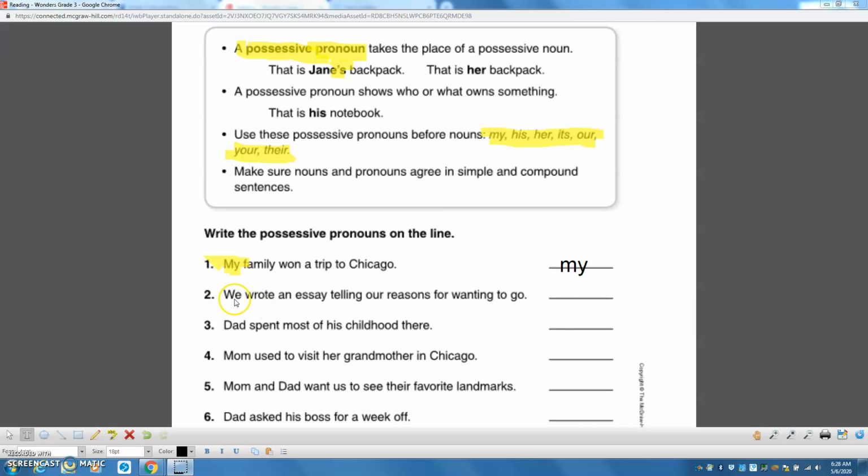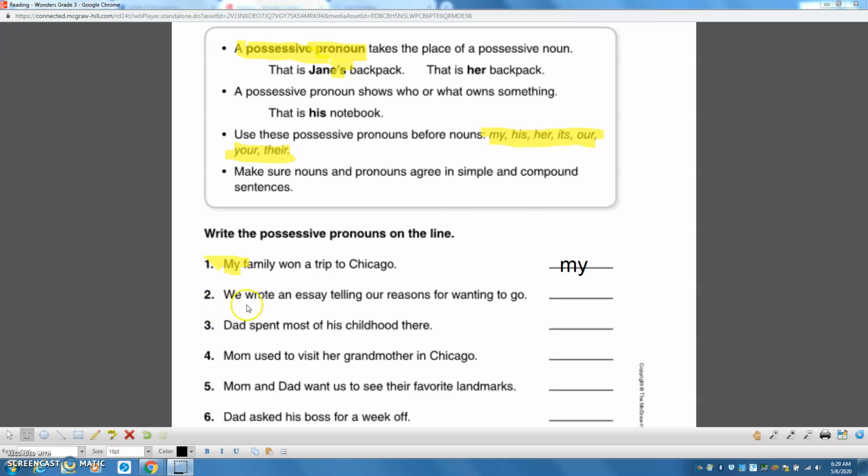Okay, we is a pronoun. It replaces the noun when we have Joe and I or Emma and I. So we would replace that. However, does anything belong to we? Wrote does not belong to we. Okay, wrote is a verb. It's something we're doing. So we is not our possessive pronoun.